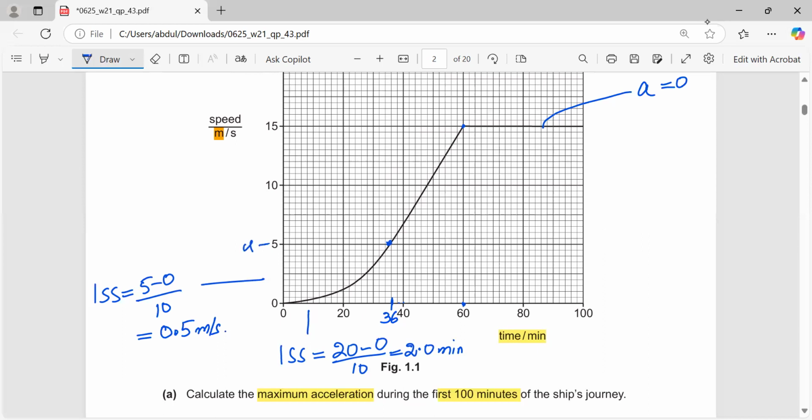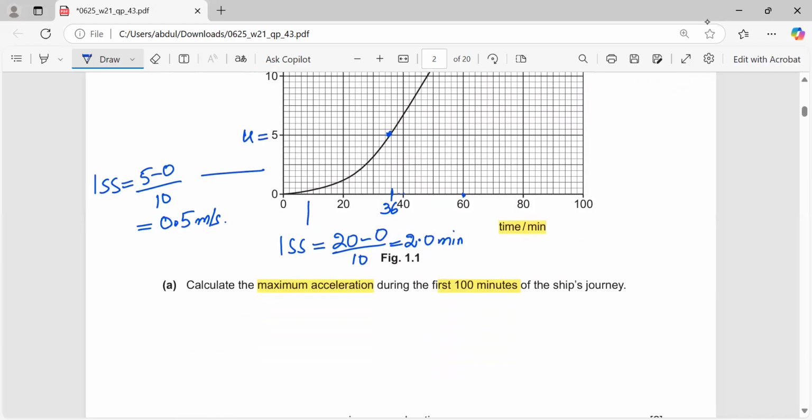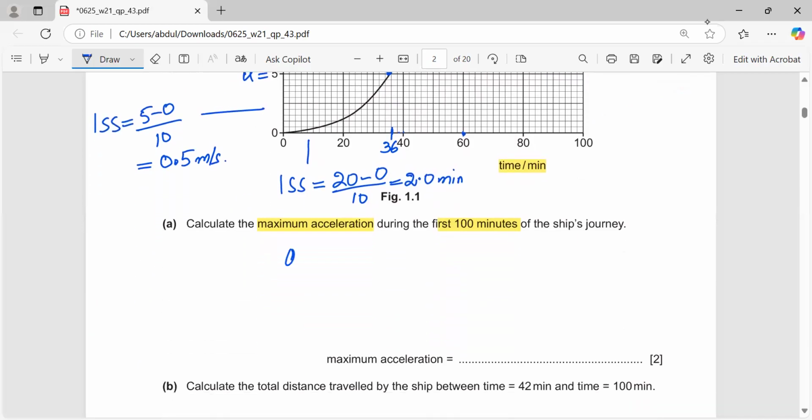Now u, initial velocity, is 5, final velocity is 15, and easily we can calculate the answer. a is equal to (v minus u) over t, or the gradient of the graph. v is equal to 15, u is equal to 5, over time, which is 60 minus 36, but be very careful, times 60 to convert it from minutes to seconds.